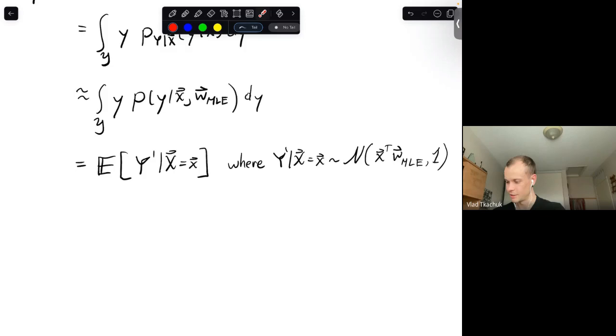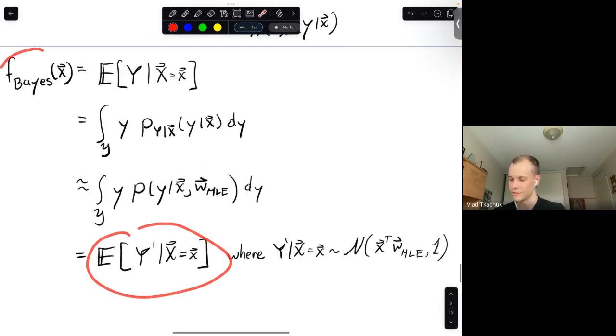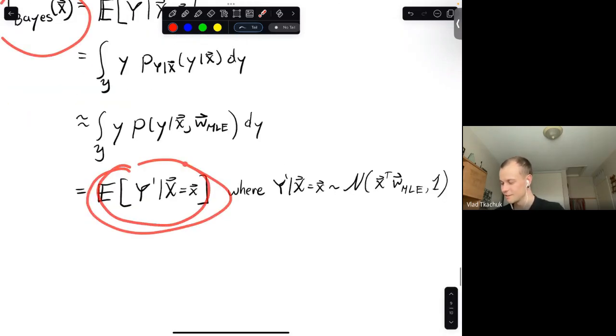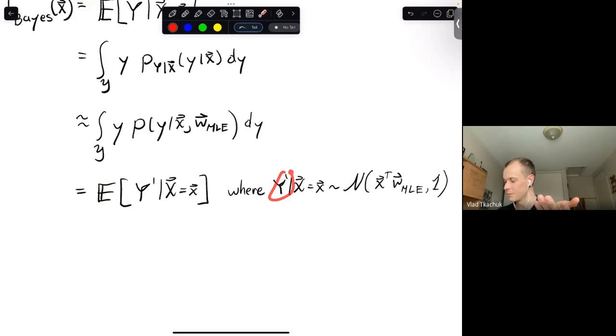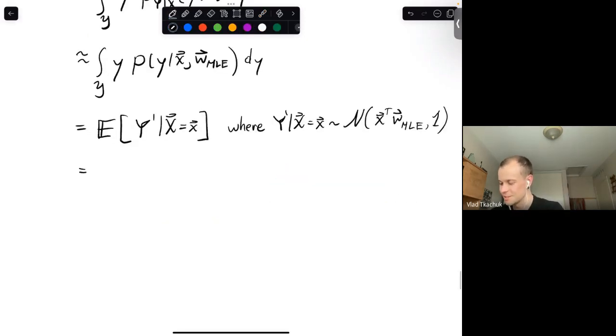Okay, so we've gone there. We still needed f bayes. So what is this thing? What's the expected value of y prime? That's the definition of the expected value of a normal distribution. So we get that this thing is x transpose w MLE.